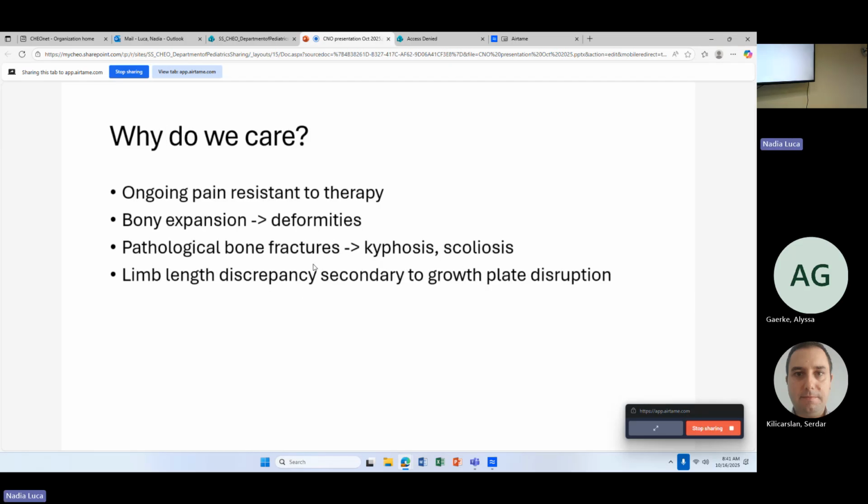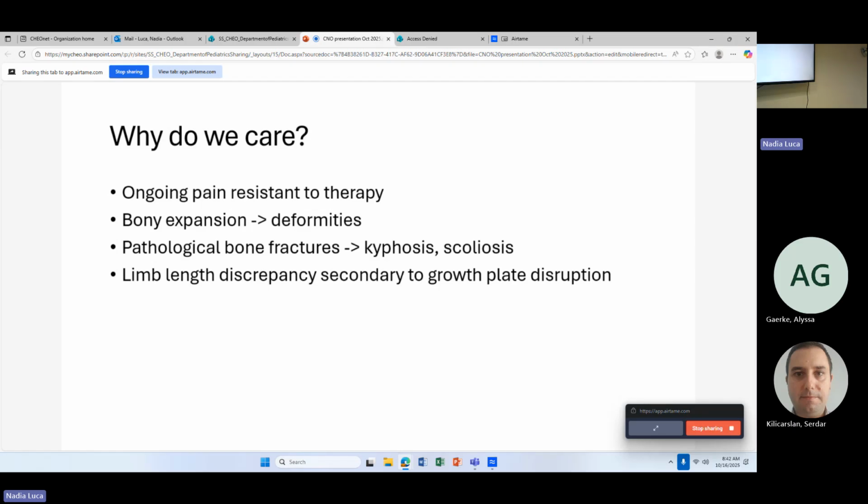Why do we care? Why do we want to identify these patients? Well, first of all, we want to make sure that we're not dealing with some other thing that could be a lot more serious than CRMO. However, CRMO or CNO itself can lead to issues because we are dealing with a growing skeleton. So we can see deformities due to bony expansion. That's most impressive if you're dealing with bones in the face, collarbones, things like that. That's very obvious.